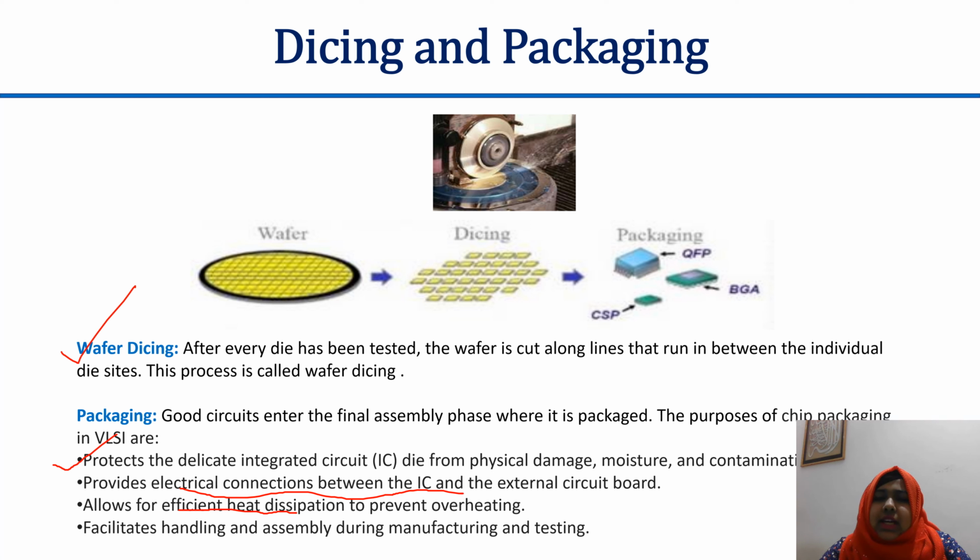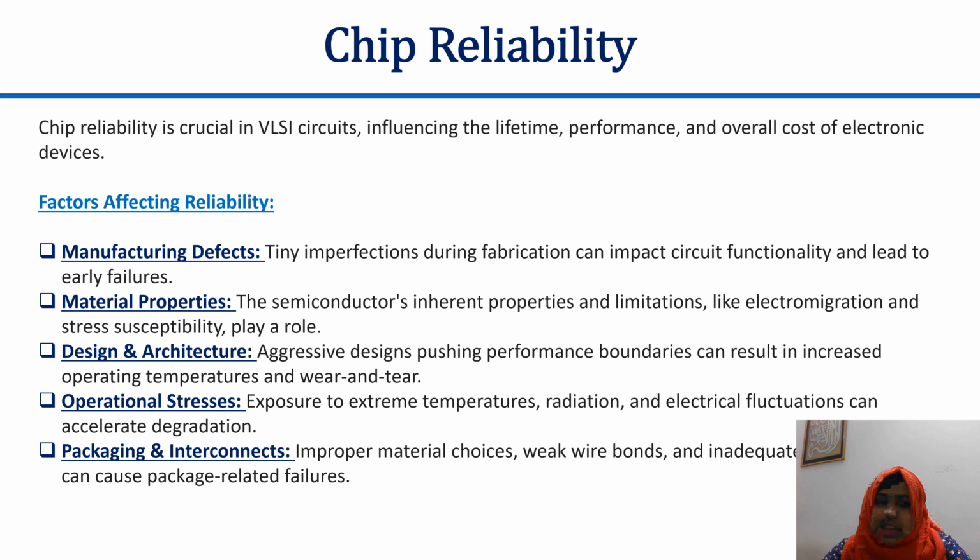Okay, you can see there is a metal cover which we use in the packaging step, and it helps the chip to dissipate the extra amount of heat. And then it facilitates handling and assembly during manufacturing and testing.